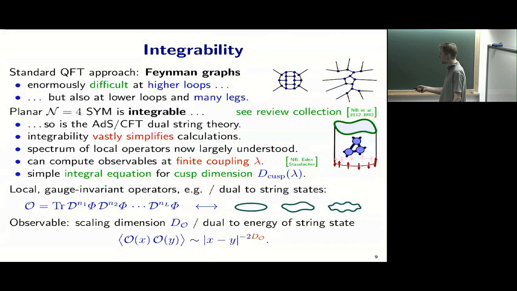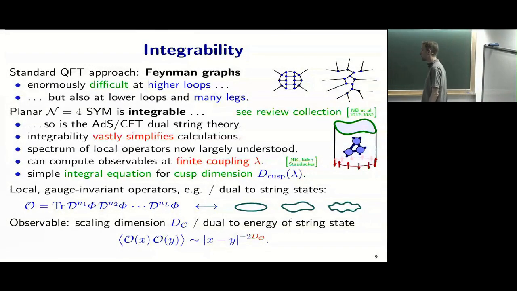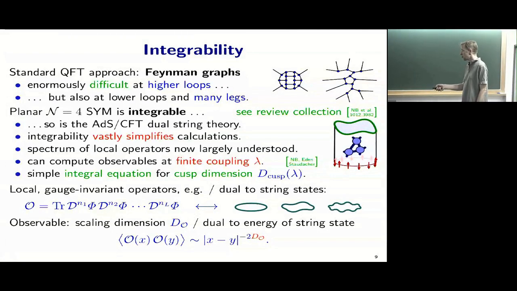One key observable on this side is the scaling dimension of a local operator in a conformal field theory, which tells you how correlation functions roughly behave under scaling transformations. For example, any two-point function of local operators would scale as the distance between these operators raised to some power, the scaling dimension.